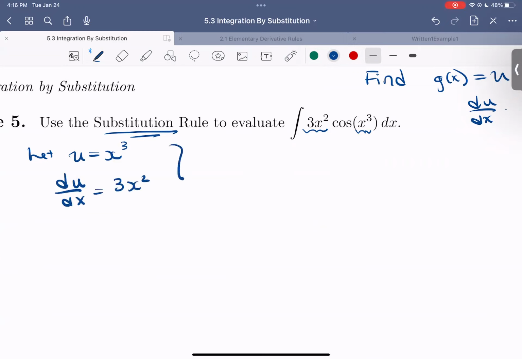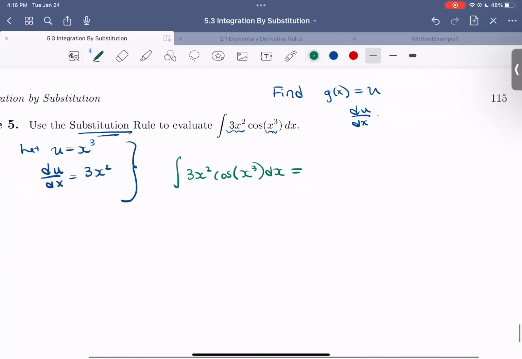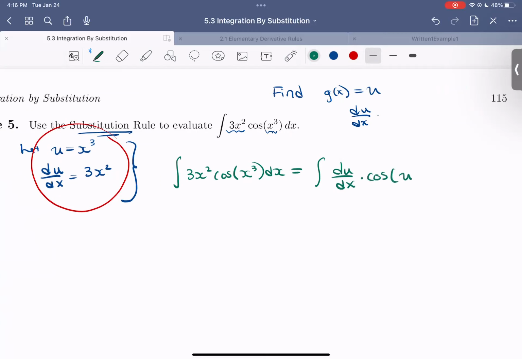So now let's go ahead and make our substitution. So this means the integral of 3x squared cosine of x cubed dx is equal to, just substituting what I have here, the integral of du/dx times the cosine of u dx. So notice what happens here with these dx's. They cancel each other out.